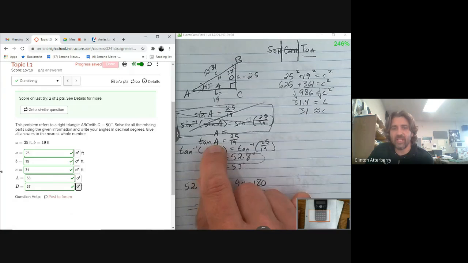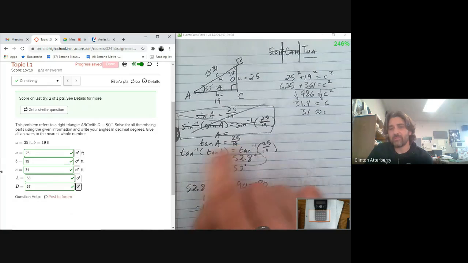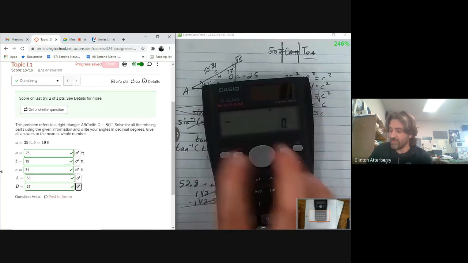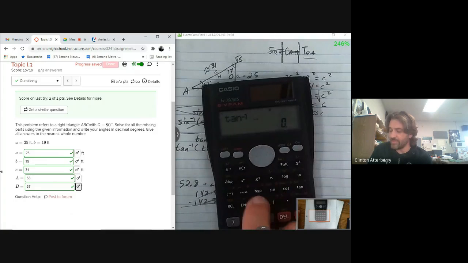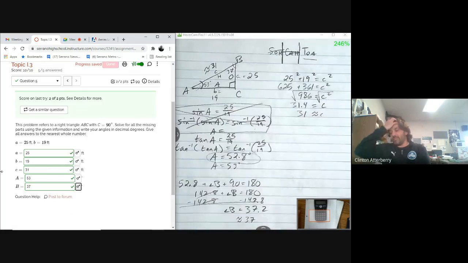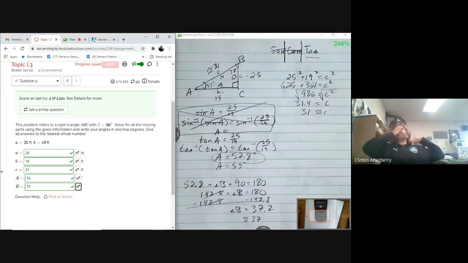When you do the inverse tangent of tangent, it just becomes A. Because it's an algebra type step, you have to do the inverse tangent of 25 over 19. I put parentheses to make it as accurate as possible. 52.8 rounds up to 53, which you could have done from the beginning anyways.